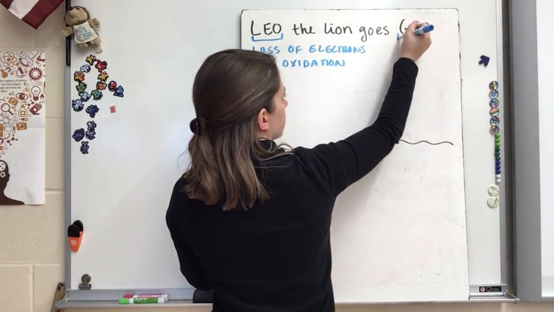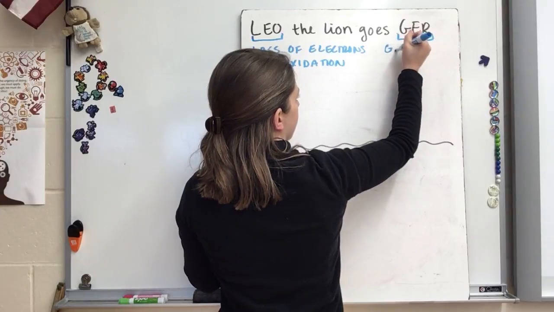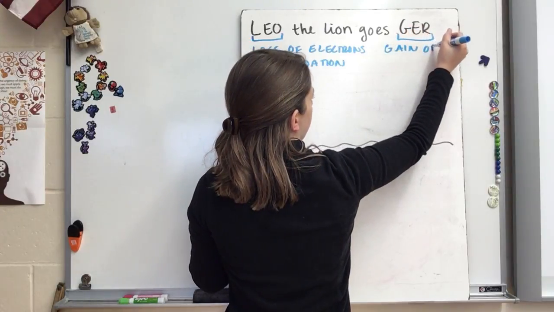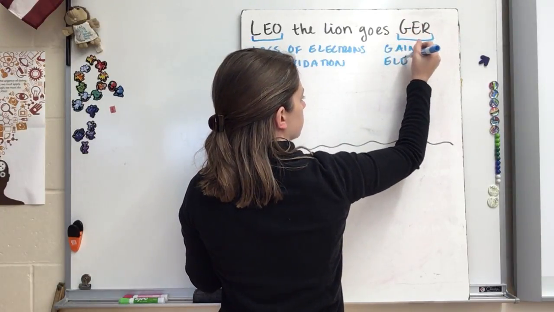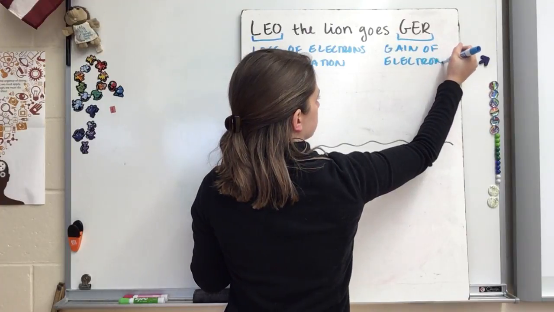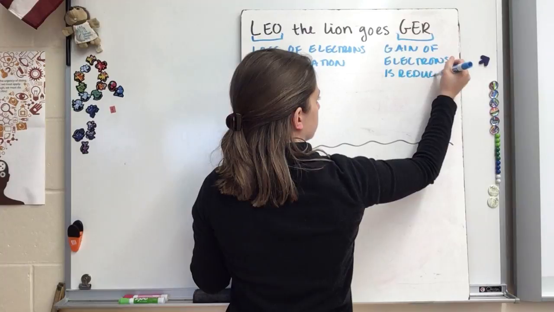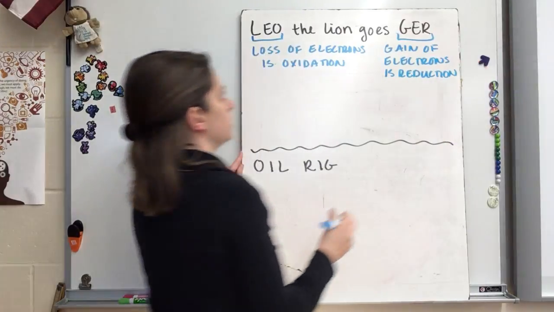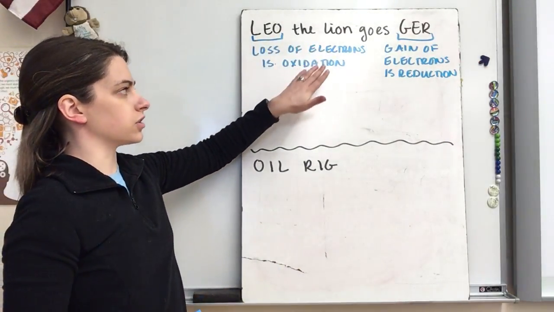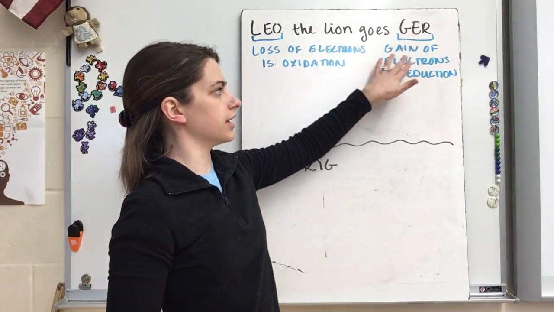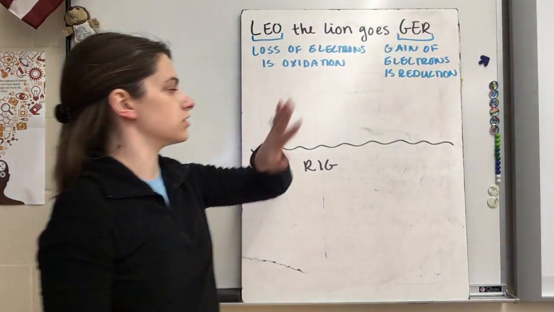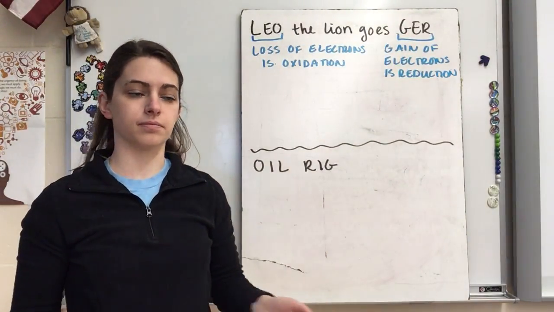And then grr is gain of electrons is reduction. So Leo, loss of electrons, oxidation. Grr, gain of electrons is reduction. So Leo the lion goes grr.